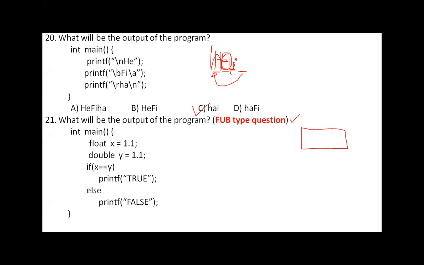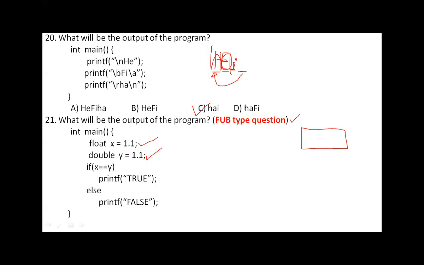So what is the answer for this? Now x is a floating point type and y is a double precision type. Both are assigned the value 1.1. Then I am checking whether x is equal to y. The float type has a different precision and the double type has a different precision.